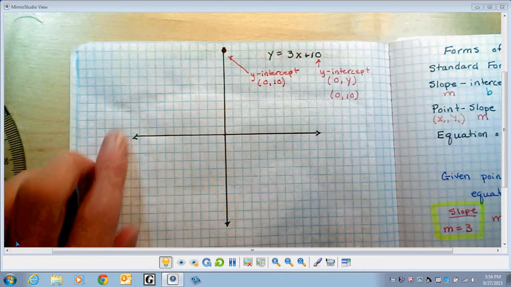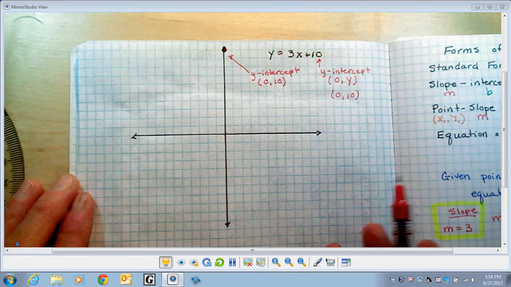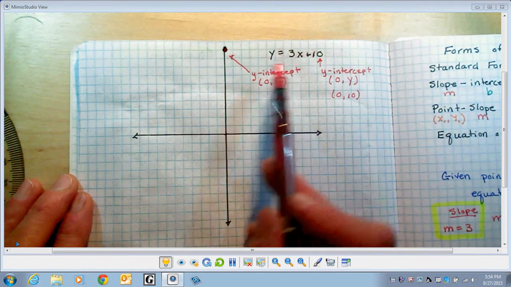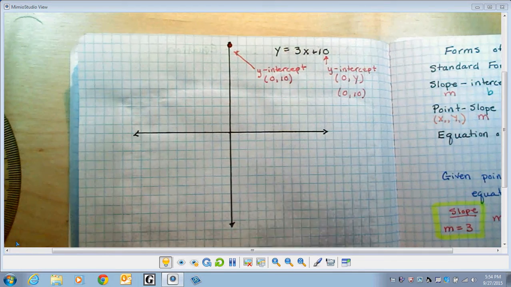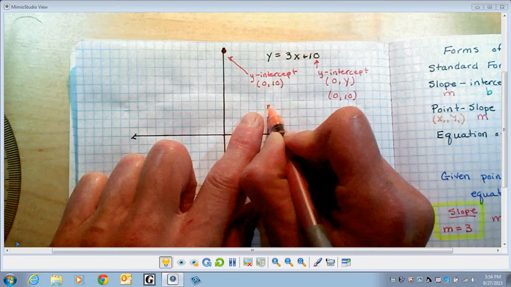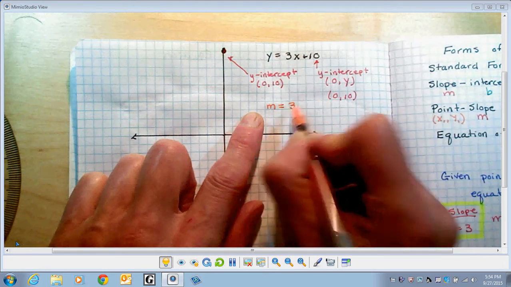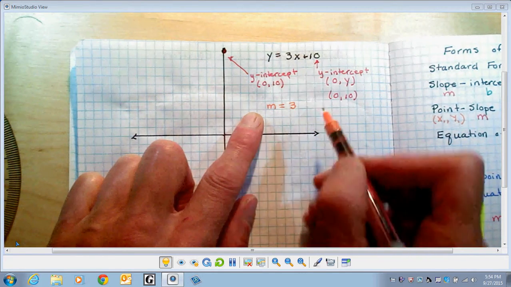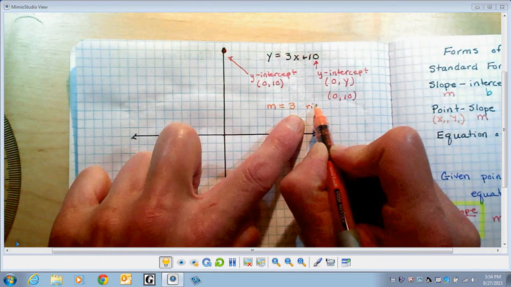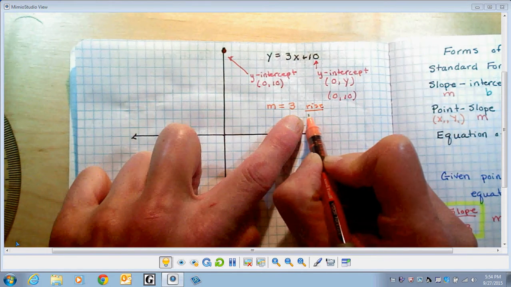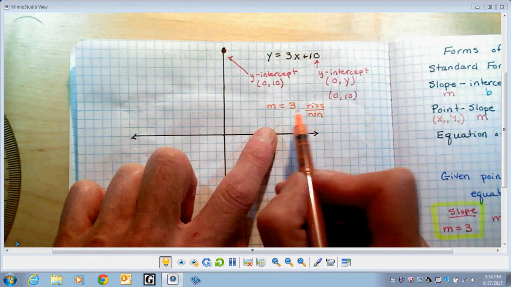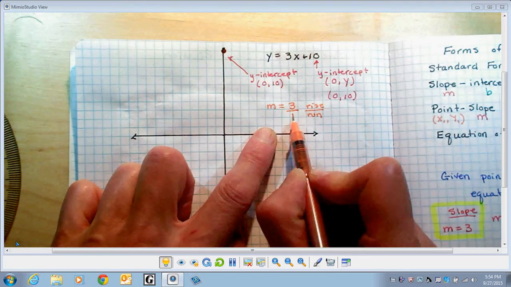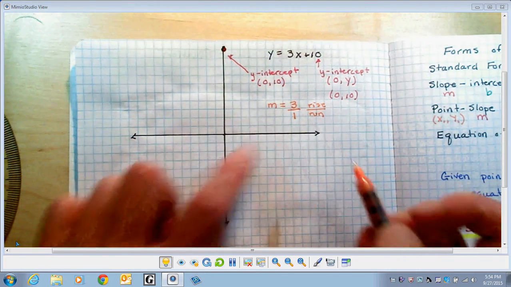Okay? So I need to graph the line. So the next thing I'm going to do is I'm going to look at my slope. And I know that my slope is 3. Well, when we're thinking about writing slope from a graph, I want to think rise over run. So 3 is my rise. 3 divided by 1 is still 3, so 1 is my run.